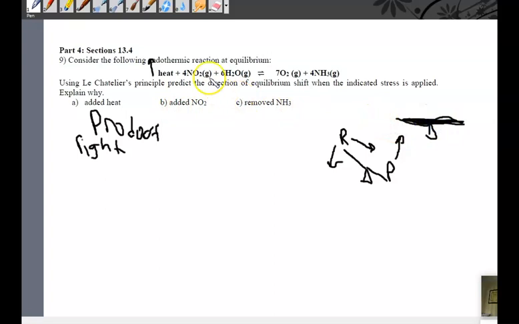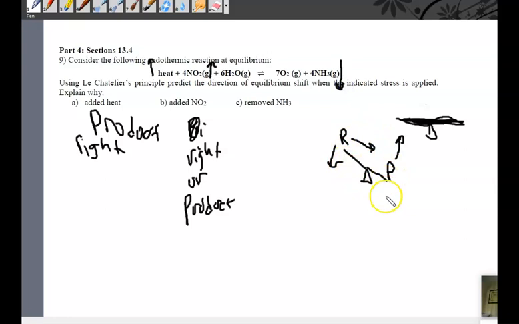All right, if I add NO2, same thing. I'm in this kind of scenario. So the equilibrium is going to shift to the right. Let's put lowercase so we don't confuse it. The right, or you can say the product side. If you remove ammonia, this time the ammonia is going down. So again, we're in the same kind of scenario.